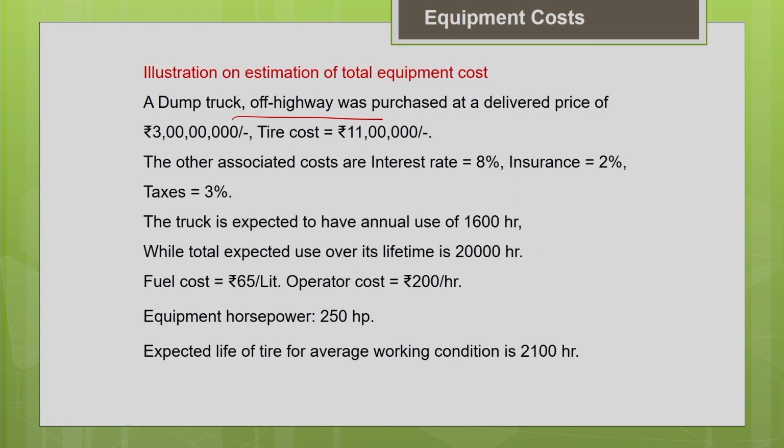The initial cost is given. It was purchased at a delivered price of 3 crores. So you can imagine it's a very high-end equipment with special features, like a kind of articulated machine, with many additional features with this dump truck. That's why it can justify its cost. And the tire cost of this machine is 11 lakh. Many of these numbers I have just made as approximate assumptions, so let us not go deep into these numbers.